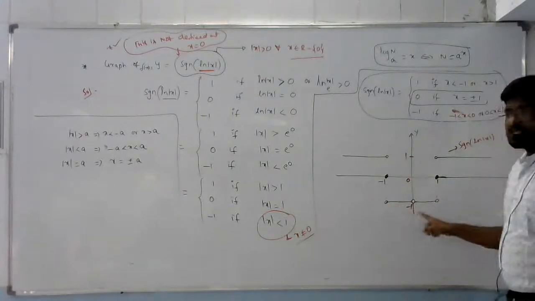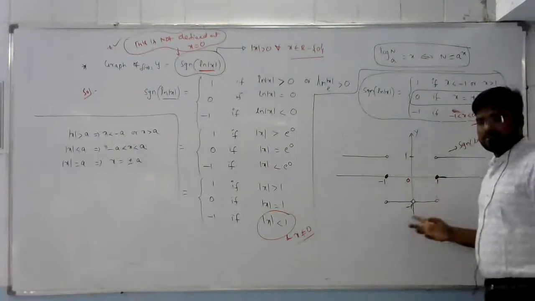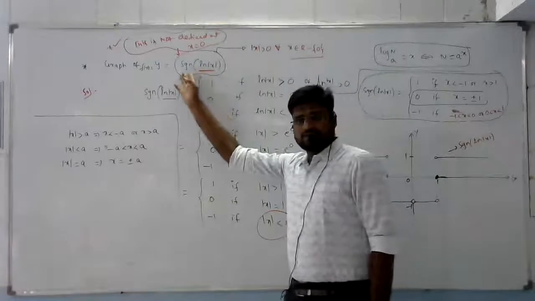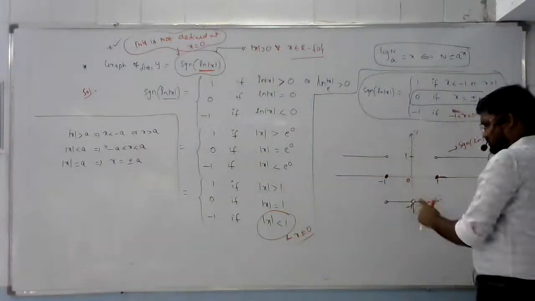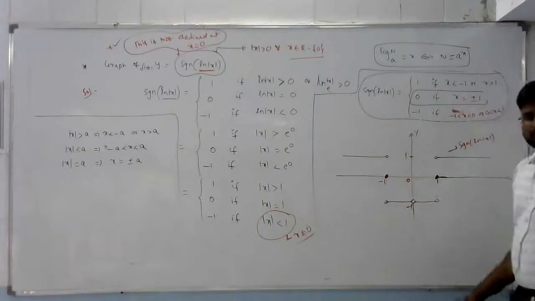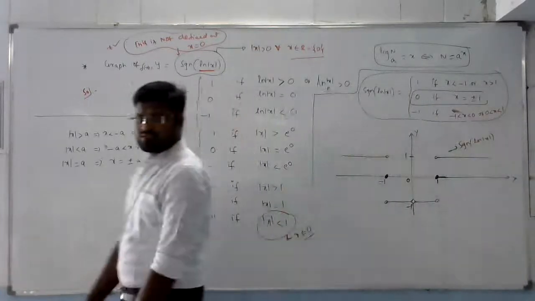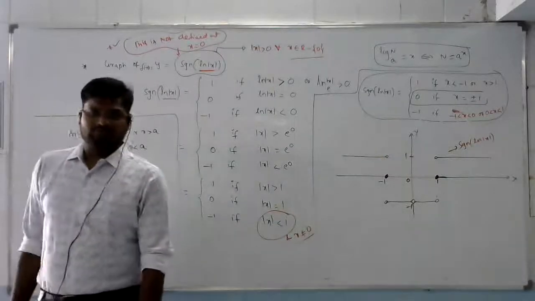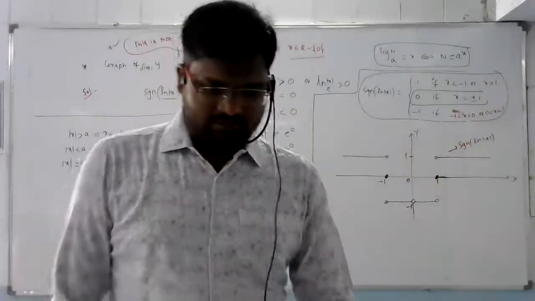But between minus 1 to 1, 0 is also included. But I have to exclude 0. Reason, it is not defined at x equals to 0. That's why I am breaking this particular minus 1 at x equal to 0. Understood, Rohini? Simple reason, function is not defined at x equals to 0. Okay, good. Let's move to the next question.